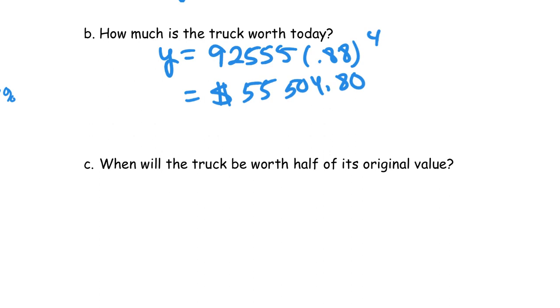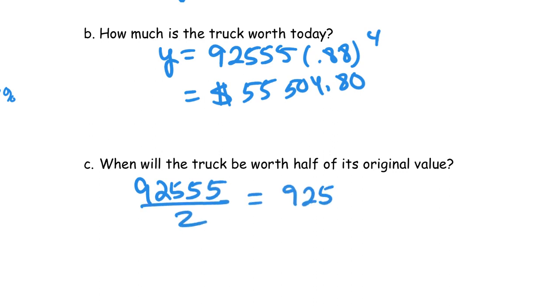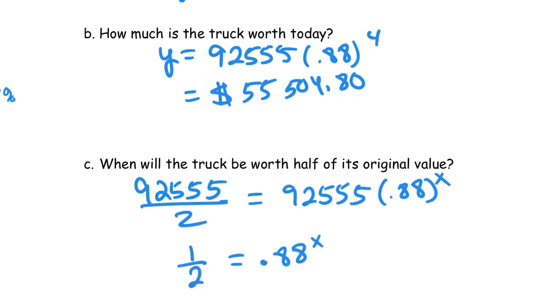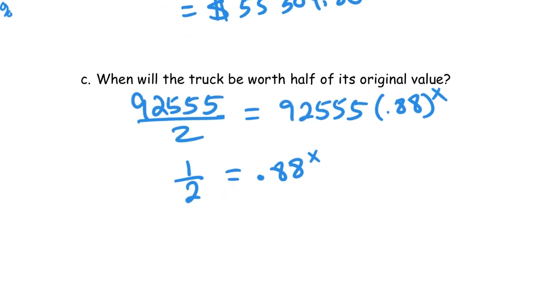Yes, you can. Here, let's just do this. We okay with that? That is 92,555 times a half, right? Okay, what happens when I divide by 92,555? Don't I end up with just a half? Do you disagree with me? So now what do I do?